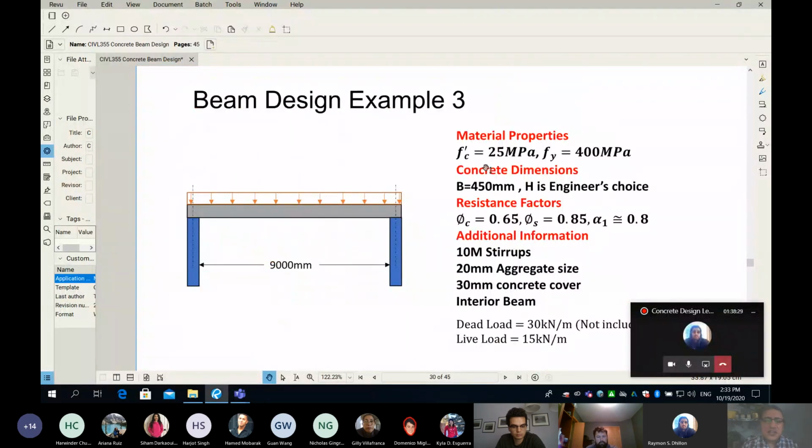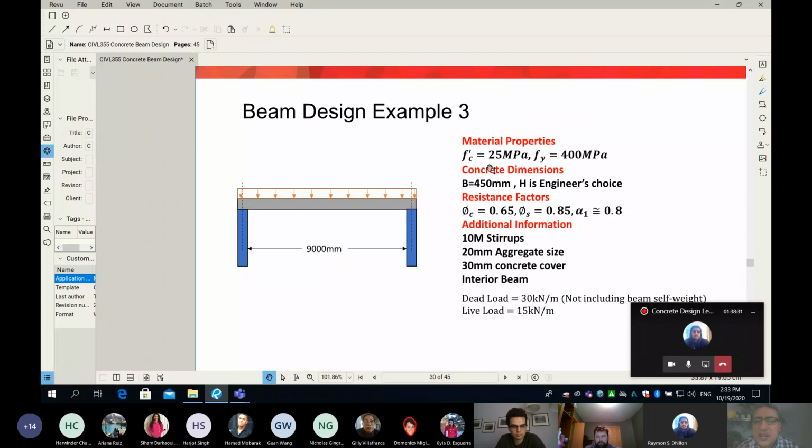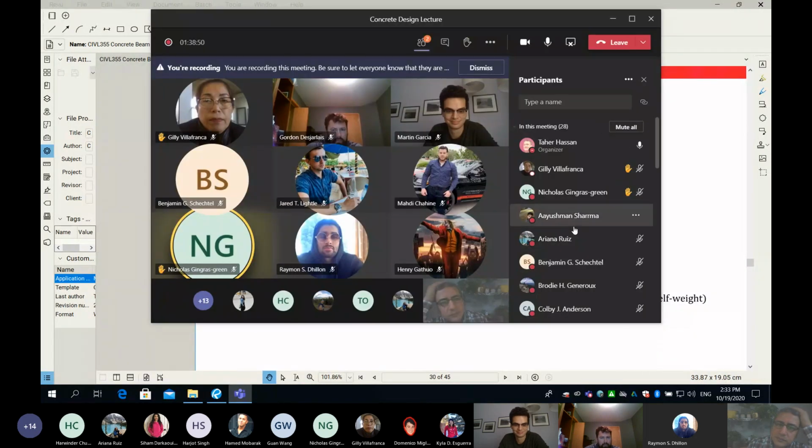So here we go. This is example number 3. Could you please identify what is the structural system for number 3? Show your hands, please. Okay.